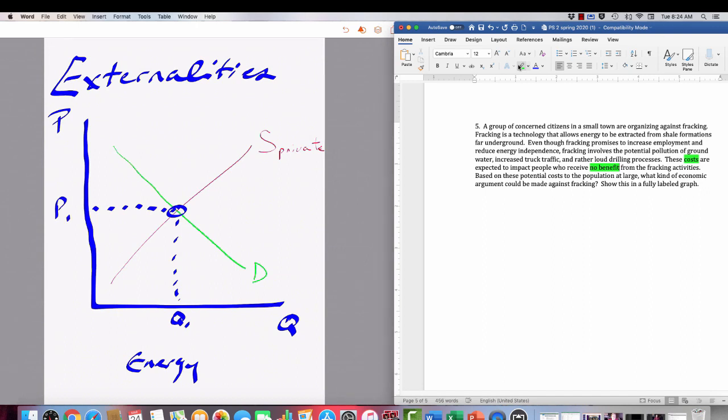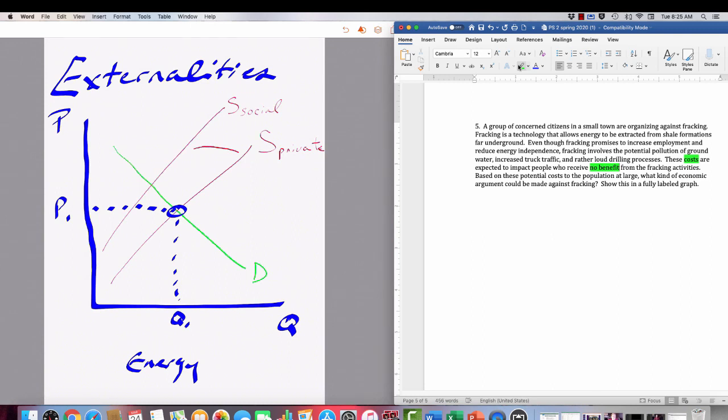But because of the external costs, the pollution of the groundwater, the increased truck traffic, the loud drilling, there are additional costs that have to be considered. There are those social costs.